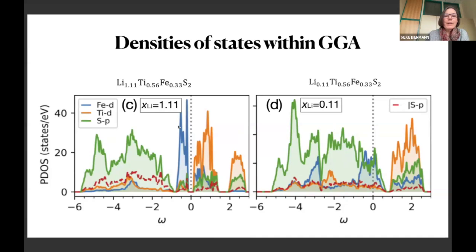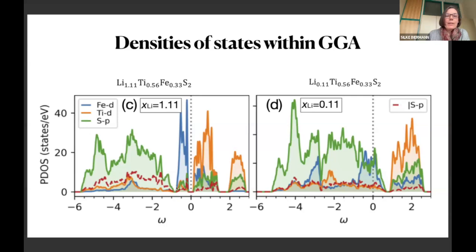You have the iron D states and the titanium in orange. You confirm that the titanium states here are empty. You see that the iron D, interestingly here, in the fully lithiated compound are gapped.